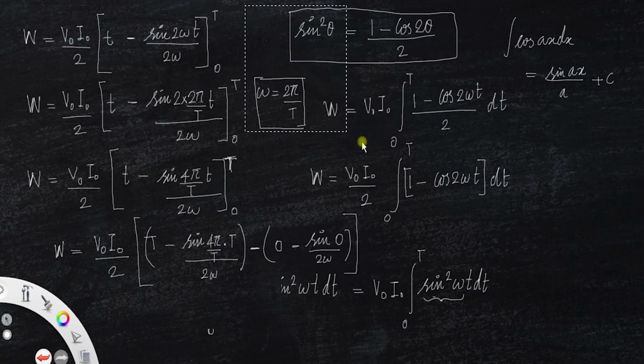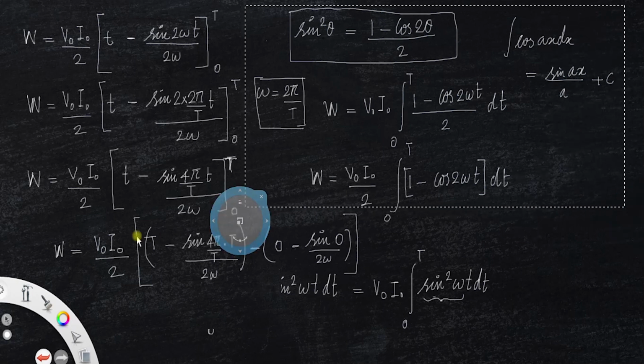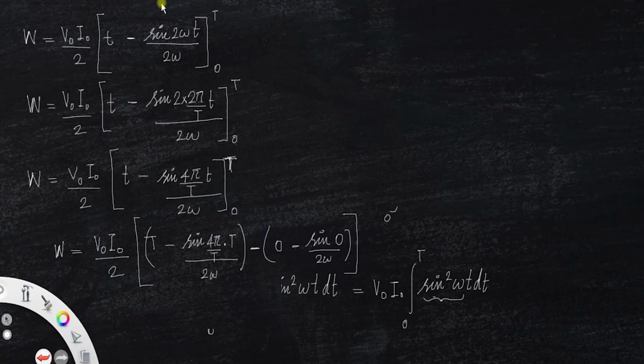Now, simplifying this, you will get W is equal to V0 I0 by 2 into T minus, this will become sine 4 pi, but sine 4 pi is actually 0.